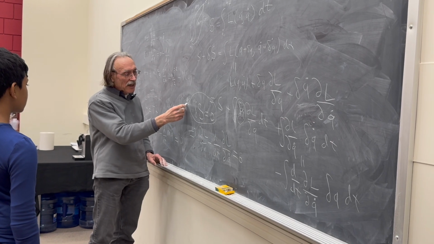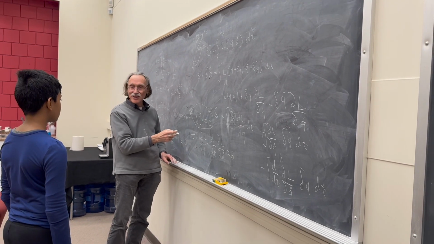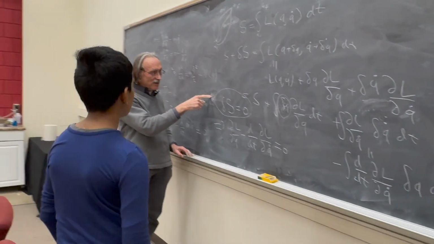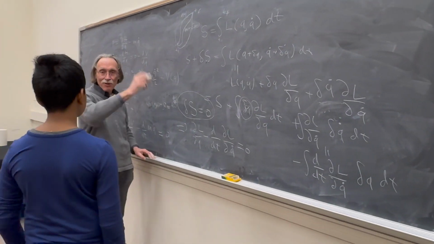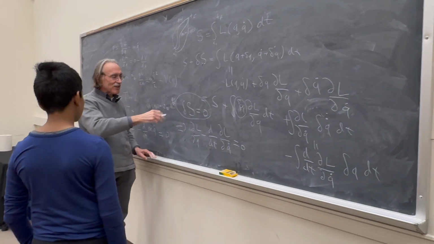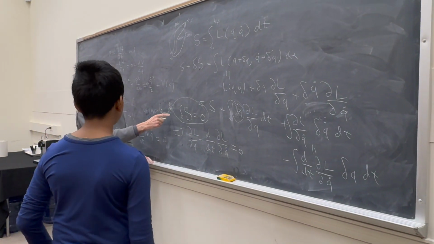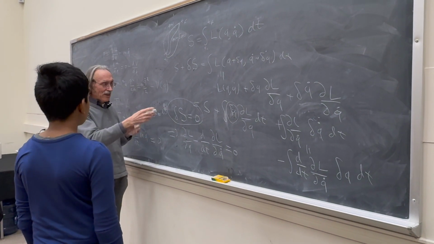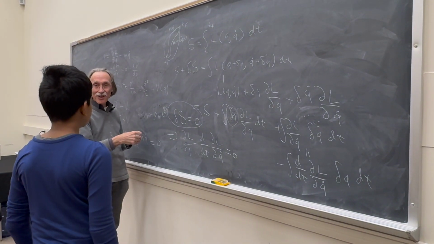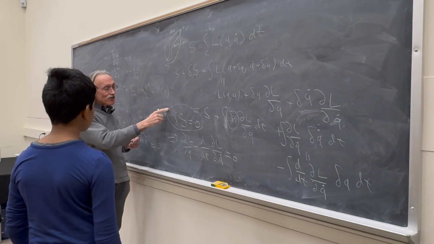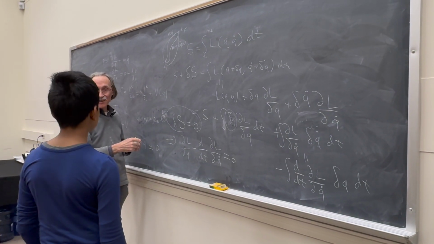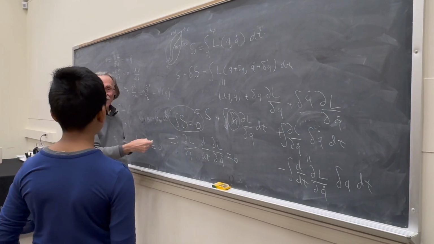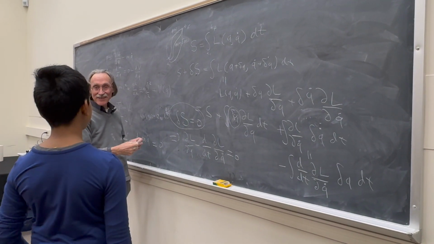If I now take h bar going to 0, because there's an i here, this is going up and down; you can write it as cosines and sines. And if h bar is very, very small, it basically all cancels out. Only the smoothest trajectory remains, and that is exactly the trajectory with no variation.